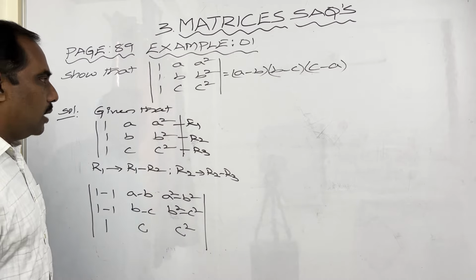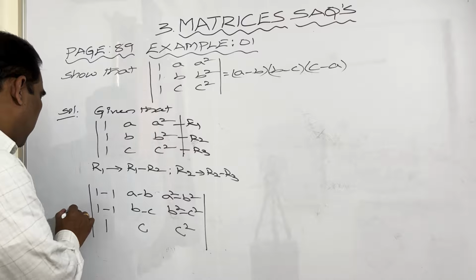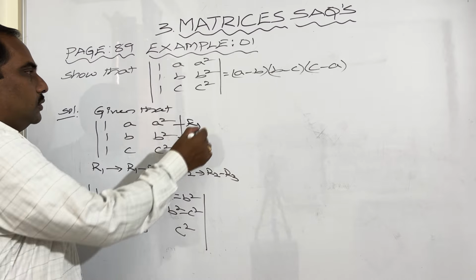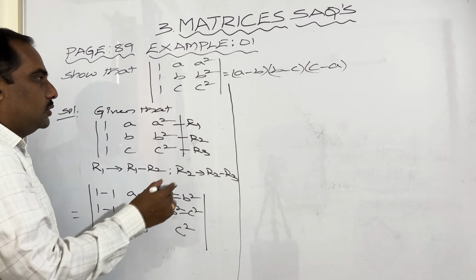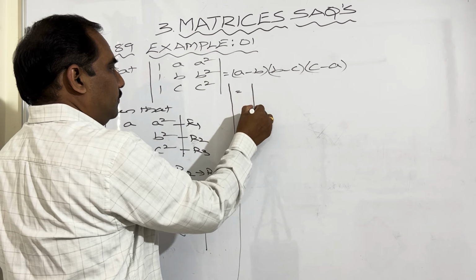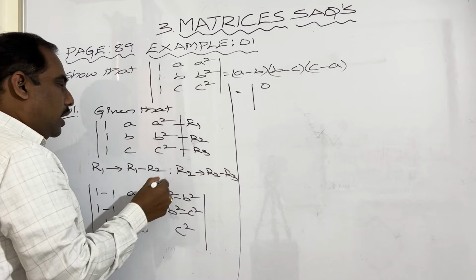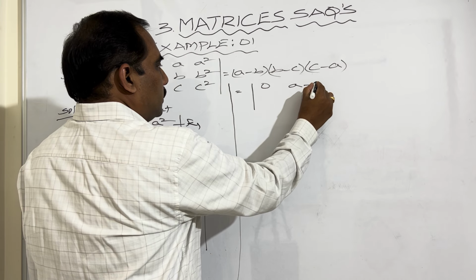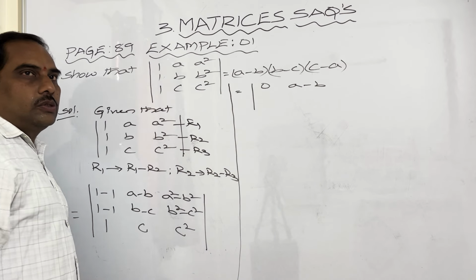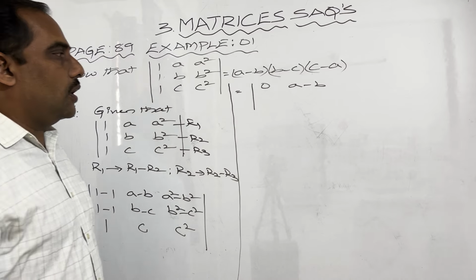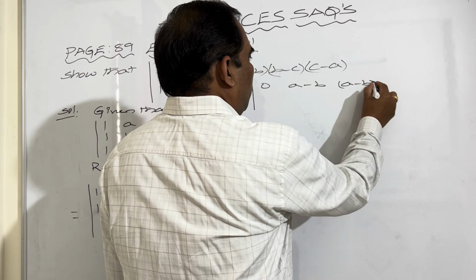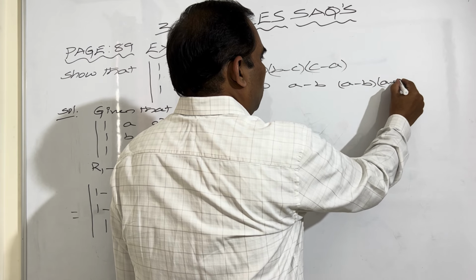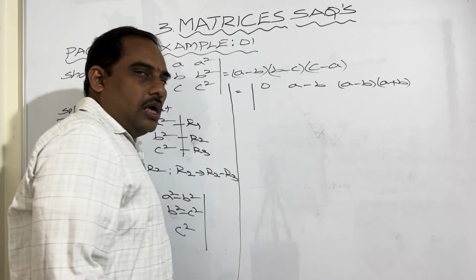So now what happens here? Which is equal to, see 1 minus 1 we know that is 0, and a minus b writing as it is, and a square minus b square. We know that the formula for a square minus b square is equal to (a minus b) into (a plus b).